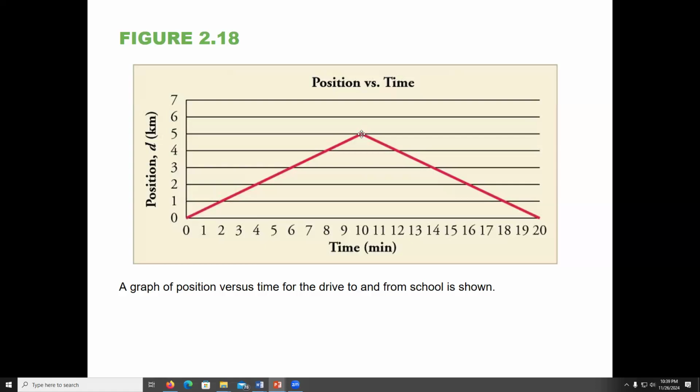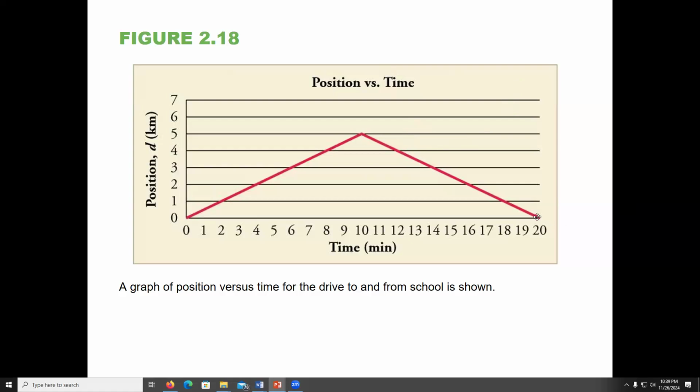Then maybe that person forgot their cell phone or something very important. They need to go right home. So they took the exit and went down the other direction. So from minute 10 to minute 12, we went back 1 whole kilometer. Then from minute 12 to minute 14, we went back 2 kilometers.